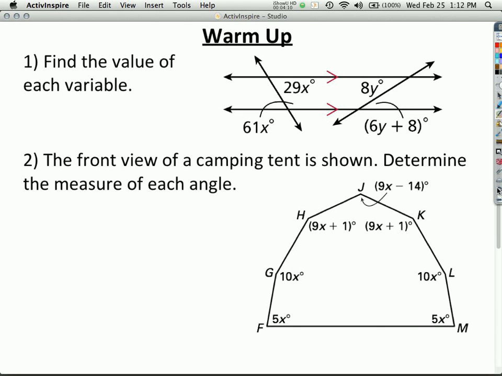Okay, student number 6. Okay, so we have a disagreement. Student number 2, what do you say? X equals 2 and y equals 4. X equals 2, y equals 4.